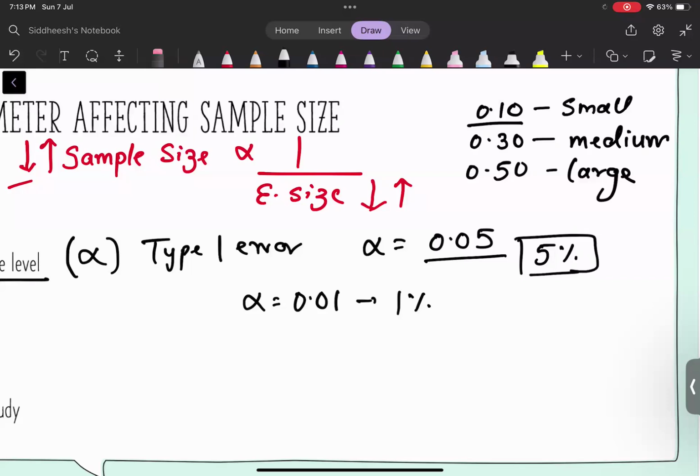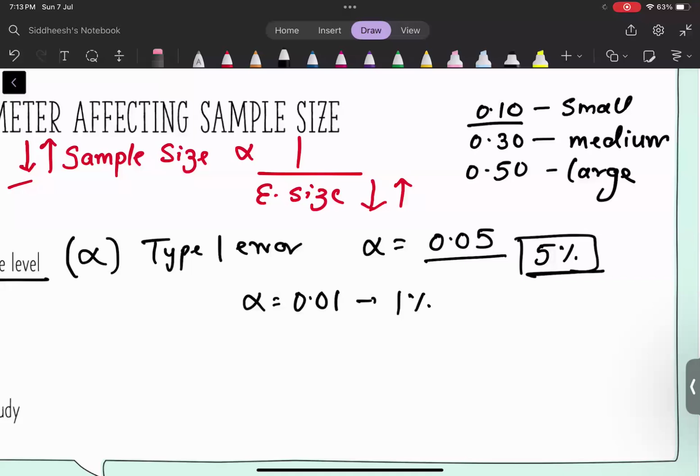So it is what? A 1% risk of saying that effect exists when it is not existing. Remember this simple thing. Suppose we are taking 5%, this indicates a 5% risk of saying that effect exists when it is not there.